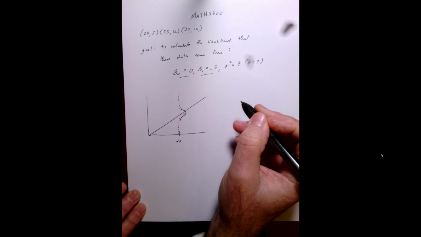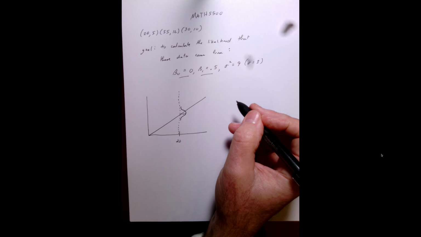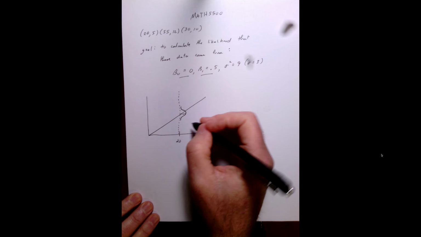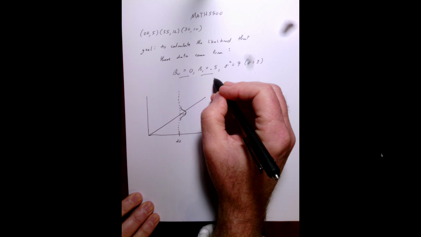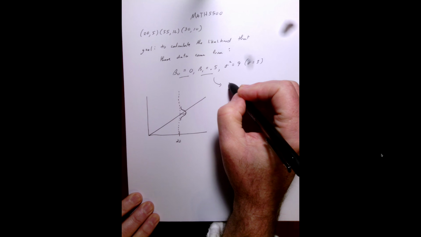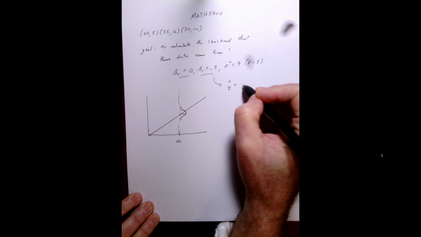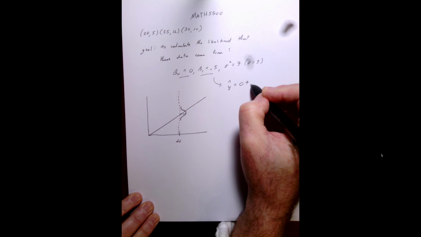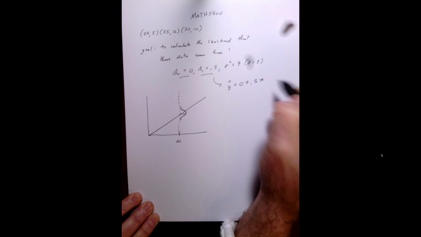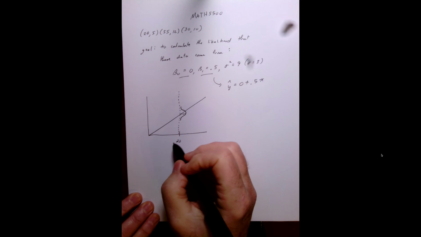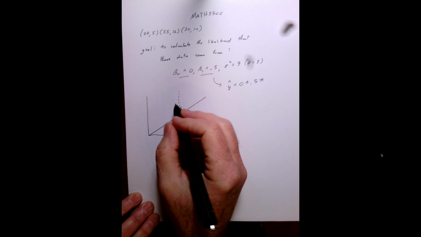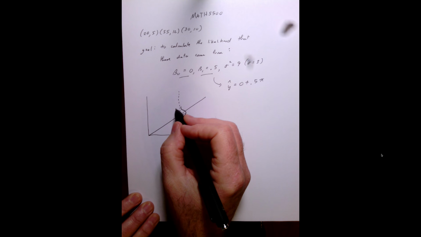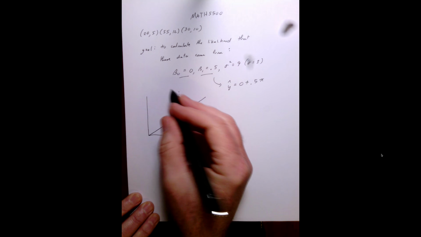Okay, now the mean for this 20 can be found by y hat equals 0 plus 0.5 times x. So I can put my x in and get my mean response. In this case, the mean is going to be 10.